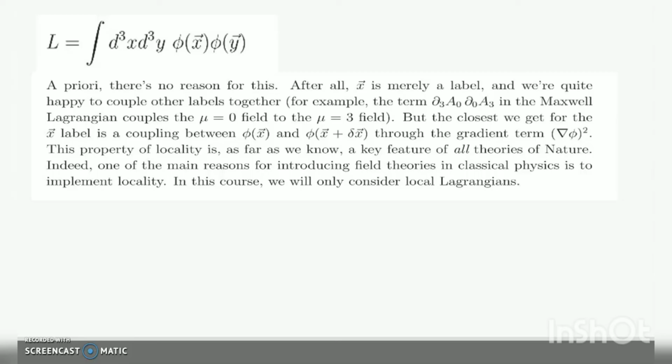Del_3 A_0, del_0 A_3 in the Maxwell Lagrangian couples the mu equals 0 field and the mu equals 3 field. But the closest we get for x is the coupling link between phi(x) and phi(x plus delta x) through the gradient term, del phi whole squared.